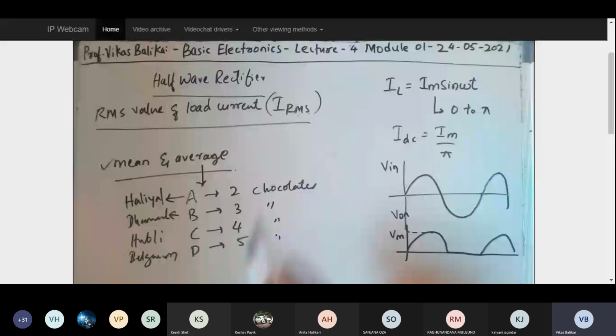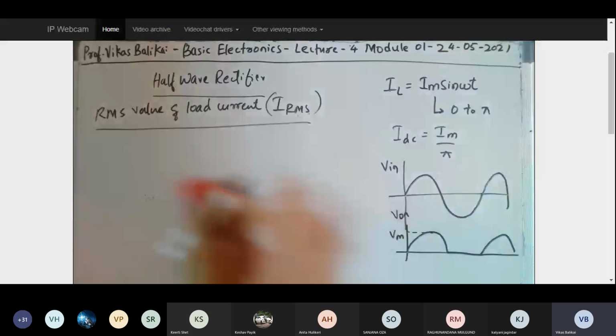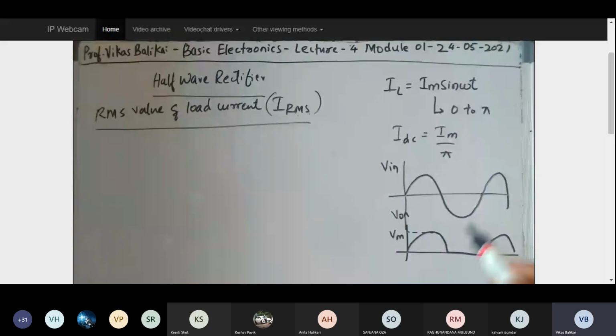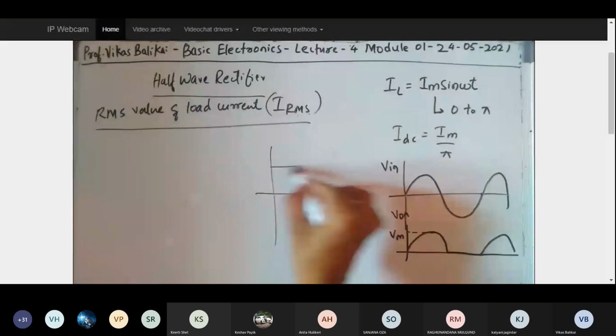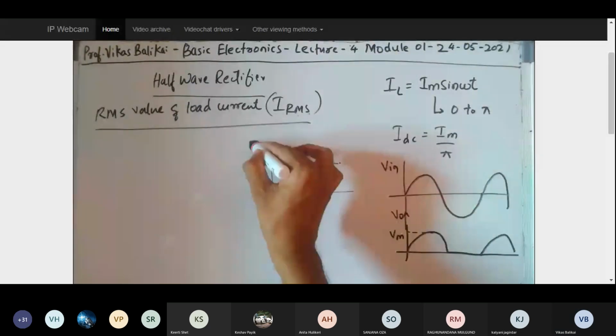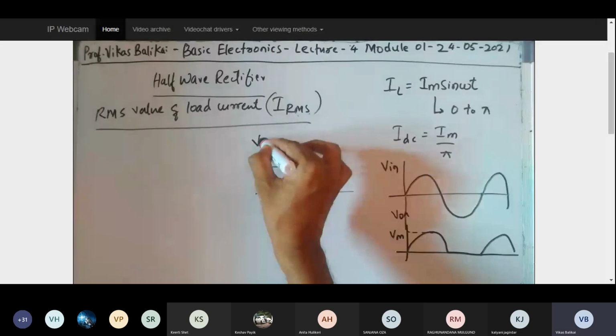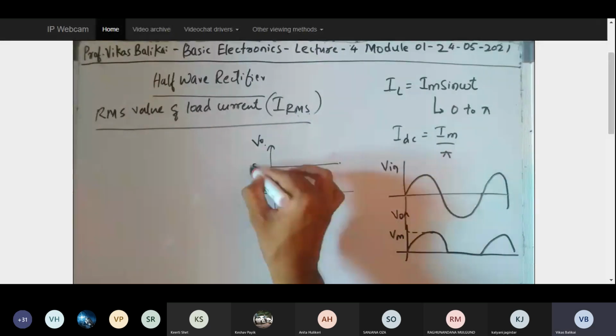Now let's consider the sinusoidal waveform. If I consider a direct voltage or a direct current, a DC voltage of 5 volts, and this is also 5 volts, I'll just draw this: plus 5, minus 5.